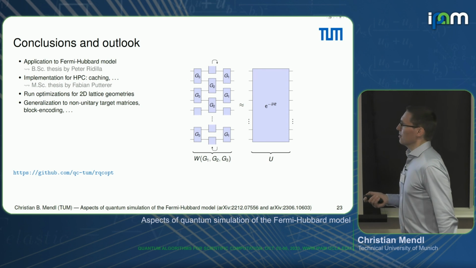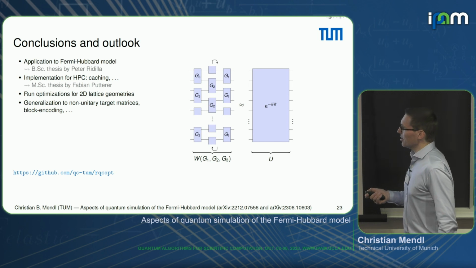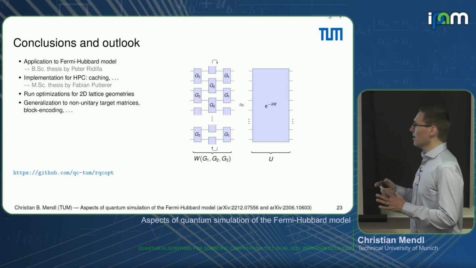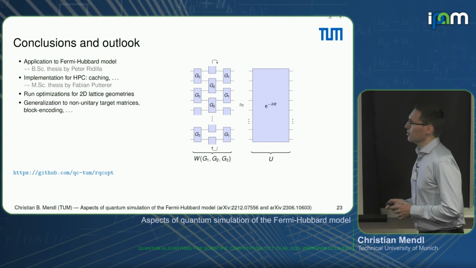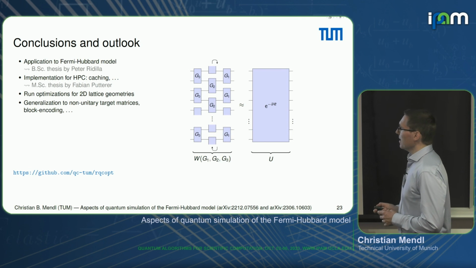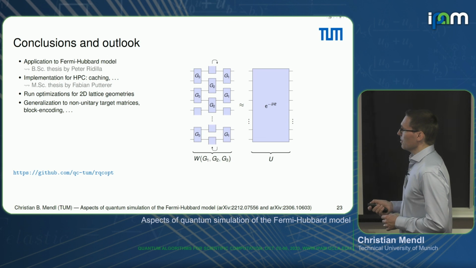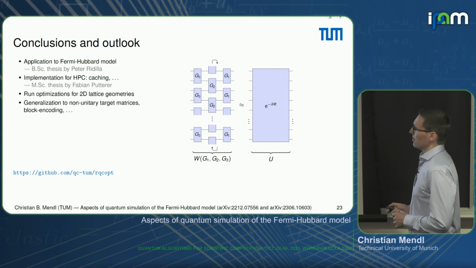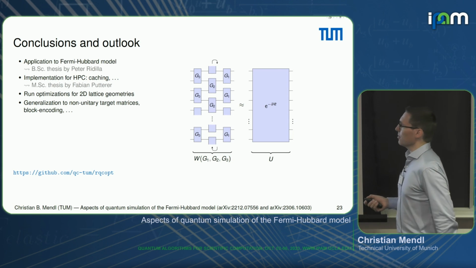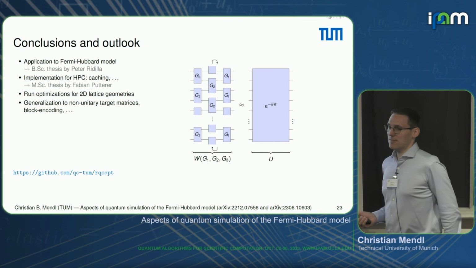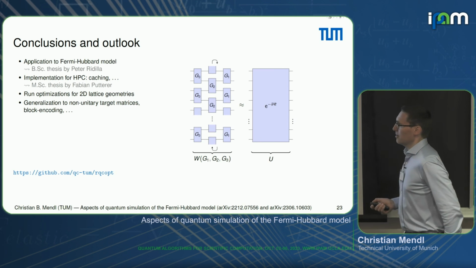And then, of course, if you have a more performant implementation, we eventually want to run this for, for example, 2D lattice geometries. And potentially also use non-unitary target functions, like let's say you do some kind of block encoding, for example, but this we haven't done yet, but this is on our mind, so to say.